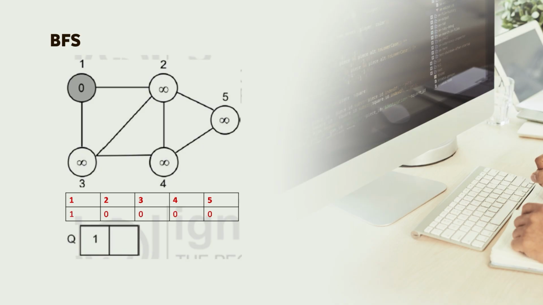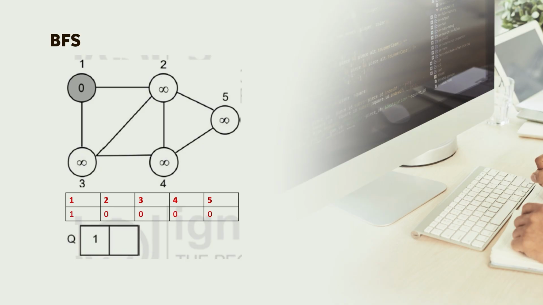Now when you visit this vertex, first of all you have to add it to the queue, because you are visiting this particular vertex, and you have to mark the visited of vertex 1 as 1. Okay, so you check in the slide that the vertex 1 in the table is put as 1, it means it is being visited, and in the queue the vertex 1 is also being added.